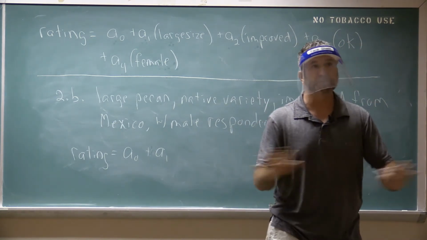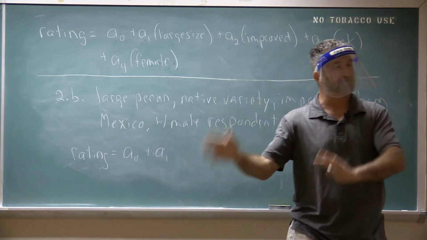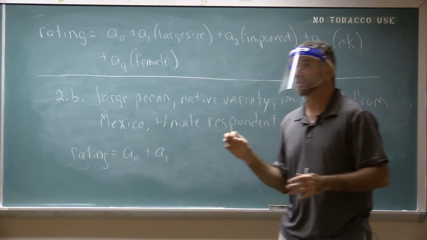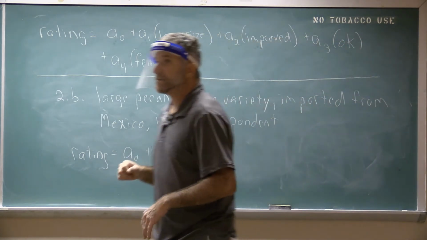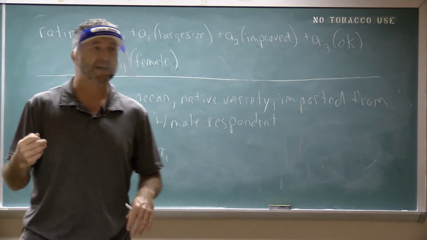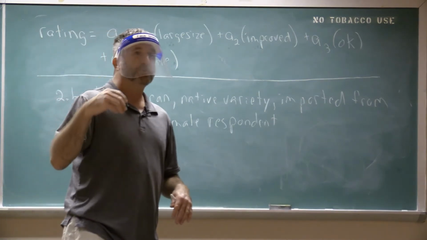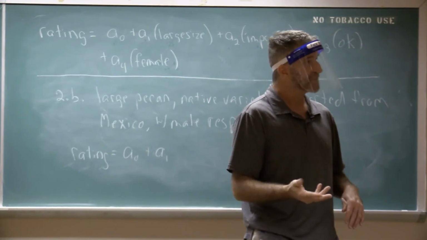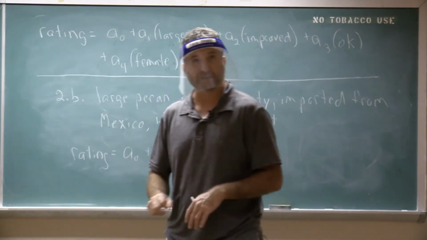And what's the only difference between this scenario and the last scenario? The pecan got bigger. And so that tells us, and I'm going to write this in a second, that A1 tells us the impact of going from small to large pecans on the rating. It's singling out just the impact of pecan size.